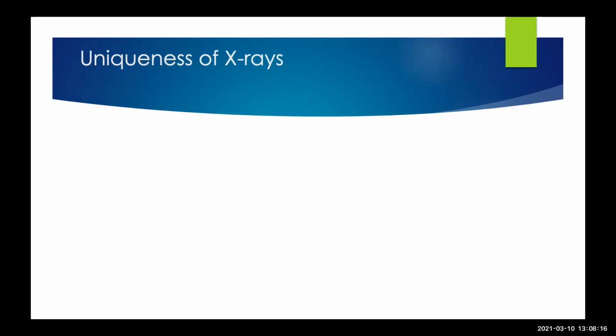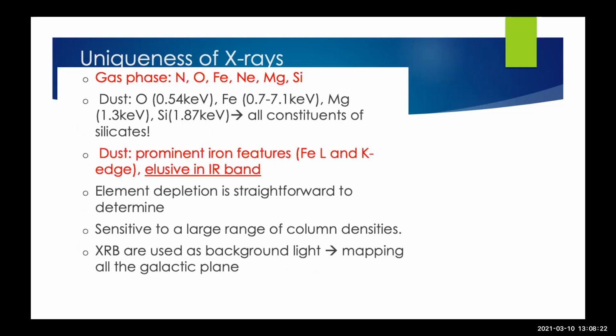I don't have to explain to this audience the importance of X-rays, of course, but let me remind you why X-rays are important for the study of interstellar dust and interstellar matter in general. Thanks to the large energy coverage, we can study all the features that belong to the gas phase, for example nitrogen, oxygen, iron, neon, magnesium, and silicon.